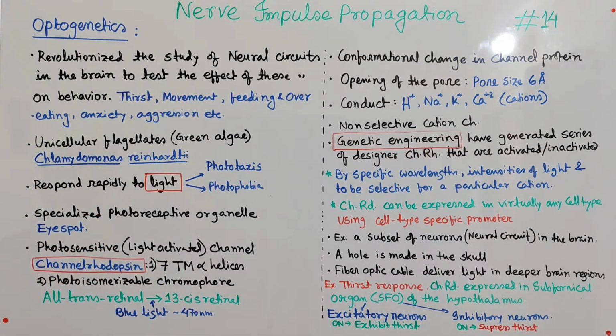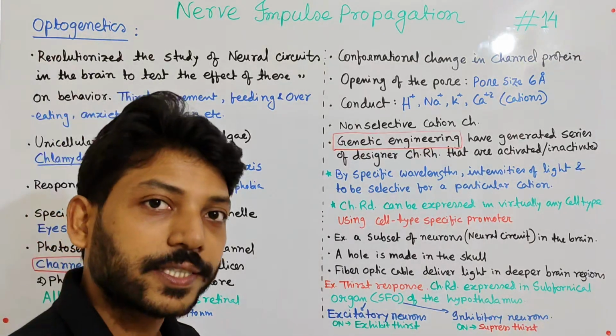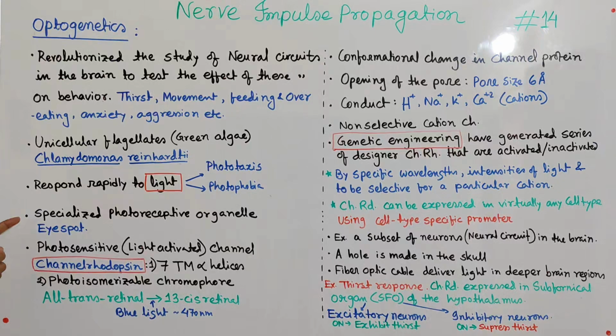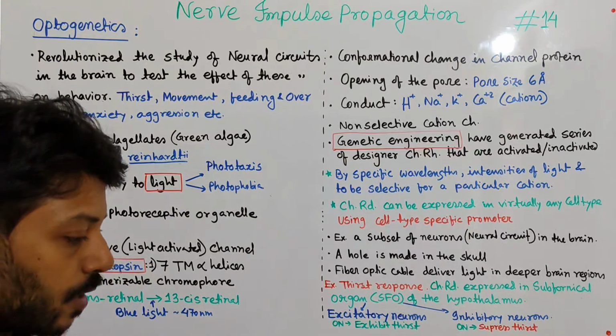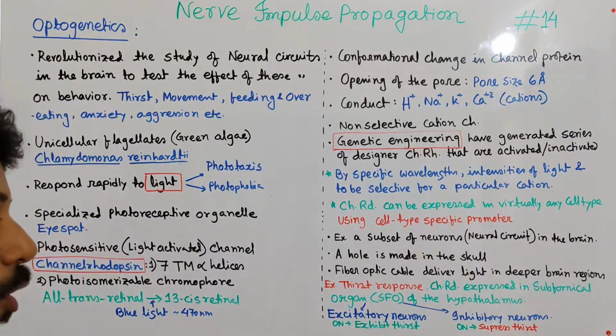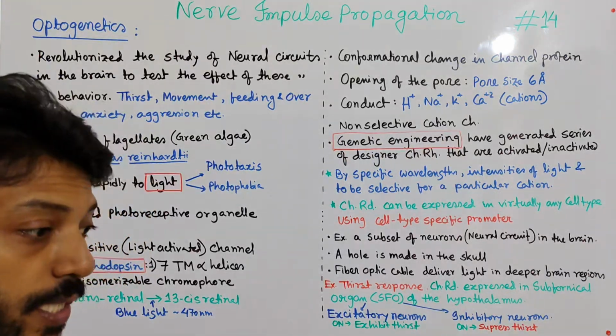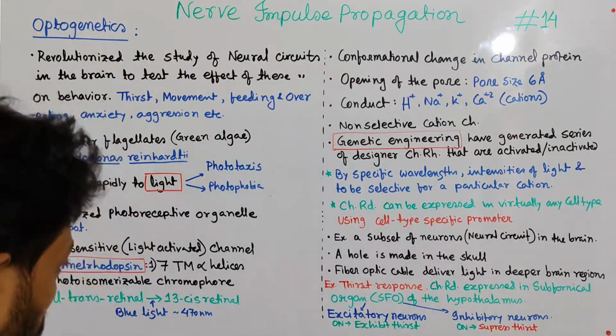This organism has a specialized photoreceptive organelle called the eye spot, and when scientists looked at this eye spot, they found that in that photoreceptive organelle there is a photosensitive, light-activated channel. They call it Channelrhodopsin. This protein falls under a category of proteins called rhodopsin, which is present in our retina also, in rod cells.